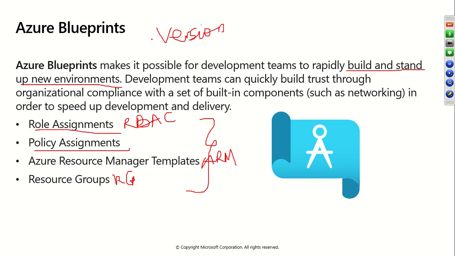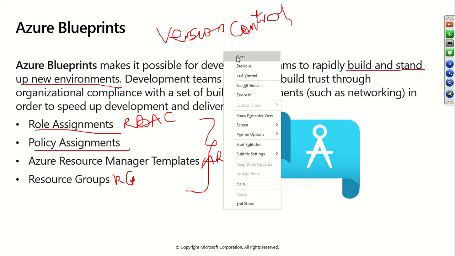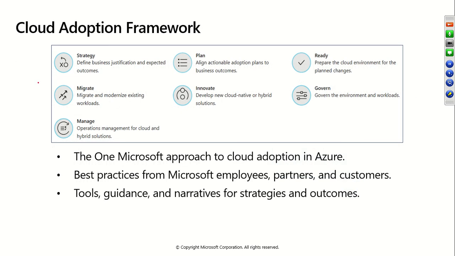With a blueprint, you can do version control. With Azure Resource Manager, you can't do version control. You just create several templates. So you can bring templates together with policy, with RBAC, and specify the specific resource group and create it as Azure Blueprints.